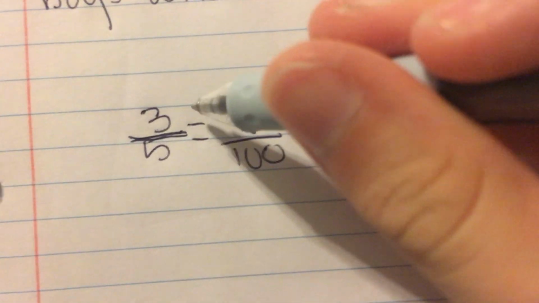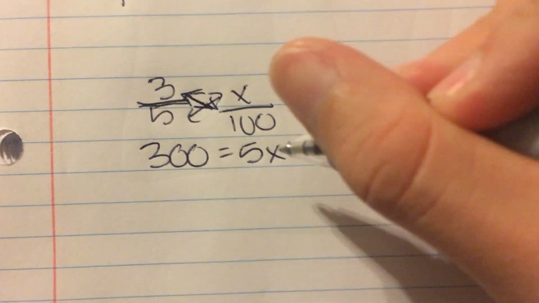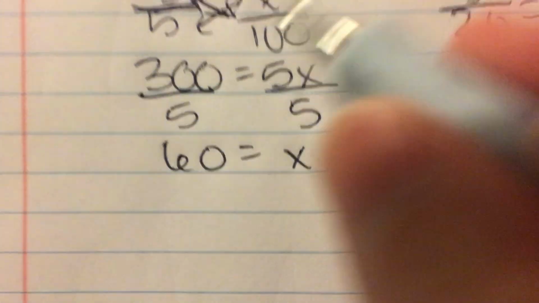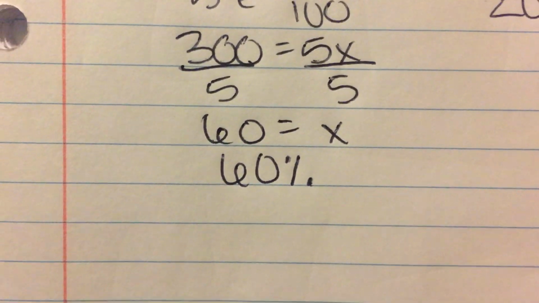So we're going to take 3 times 100 to get 300, and then 5 times x to equal 5x. Then we divide both sides by 5 to get 60 equals x. So that means that any girl in the class has a 60% chance of being picked on.